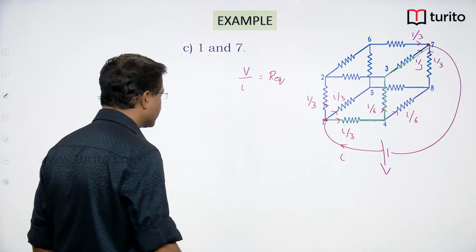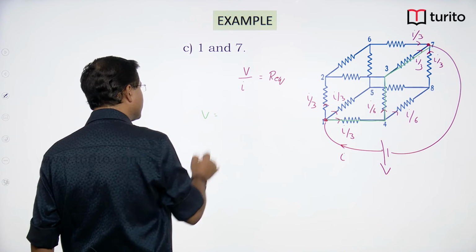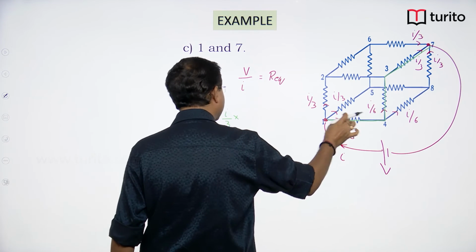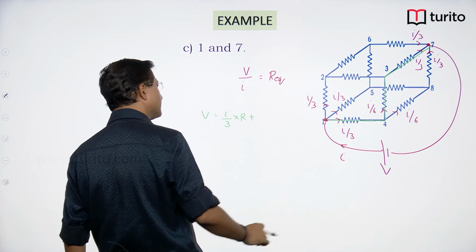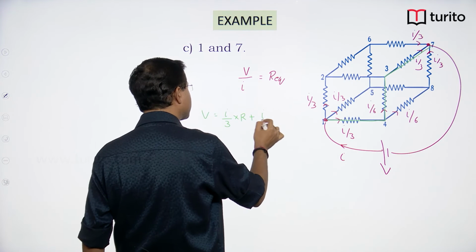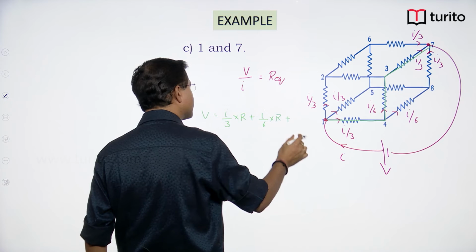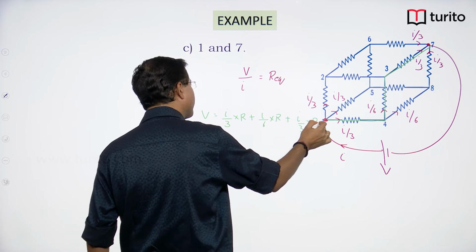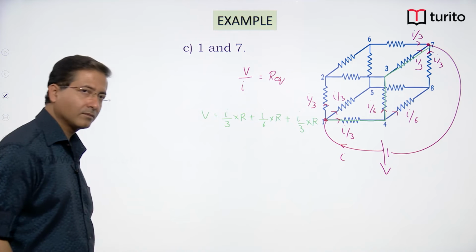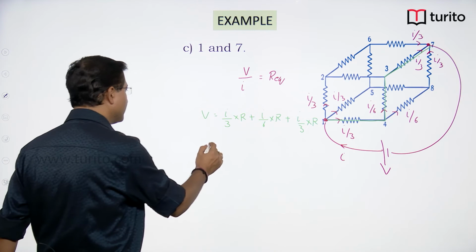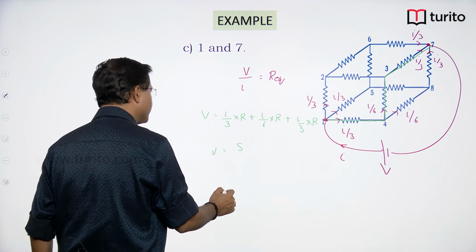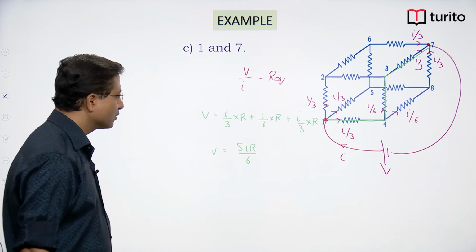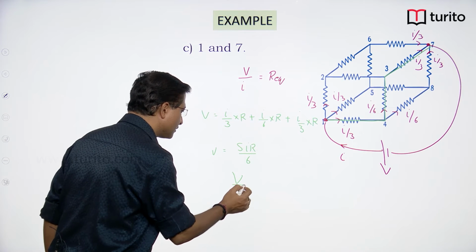So, this voltage V is equal to current I by 3, potential drop here, current into resistor, first one I have written, current into resistor I by 6 into R, plus current into resistor I by 3 into R. So, this can be written V is equal to 5 I R by 6, and V by I is what?